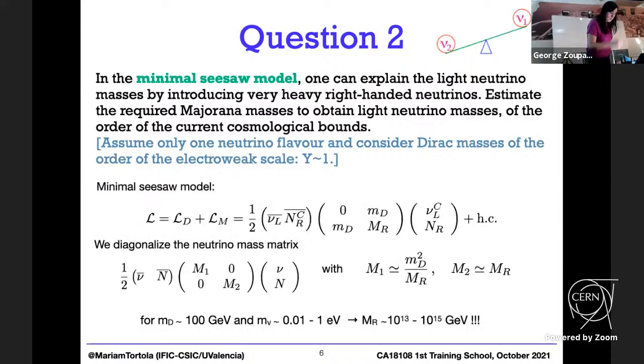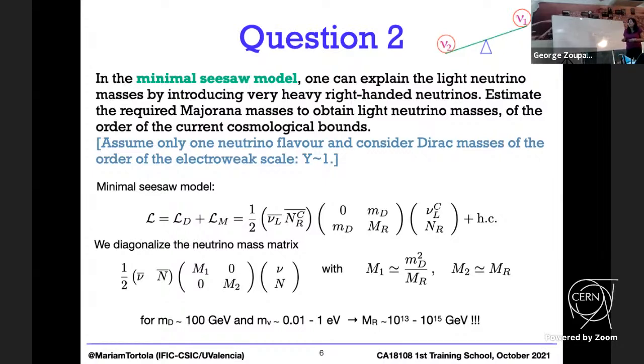If you remember, for the minimal seesaw model, we have seen that this should be the Lagrangian with the two components, the Dirac and Majorana. Then after the diagonalization, one gets the mass for the light state, M1, and the mass for the heavy one that is almost MR. Remember that these are the values of the diagonalization, assuming that MR is larger than M Dirac.